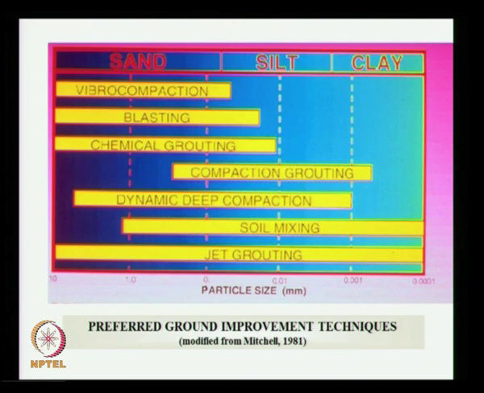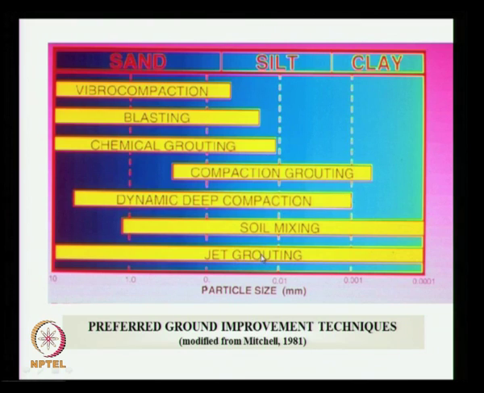Chemical grouting means you may use lime or cement for grouting. This is compaction grouting and dynamic deep compaction. Then soil mixing means you mix the soil with some grout. Jet grouting means we inject cement and here the replacement is about 4% or so.